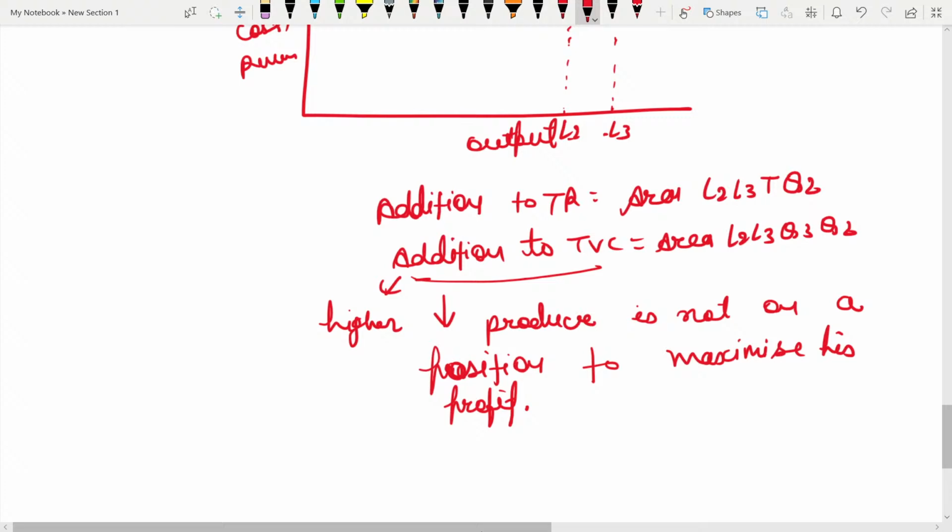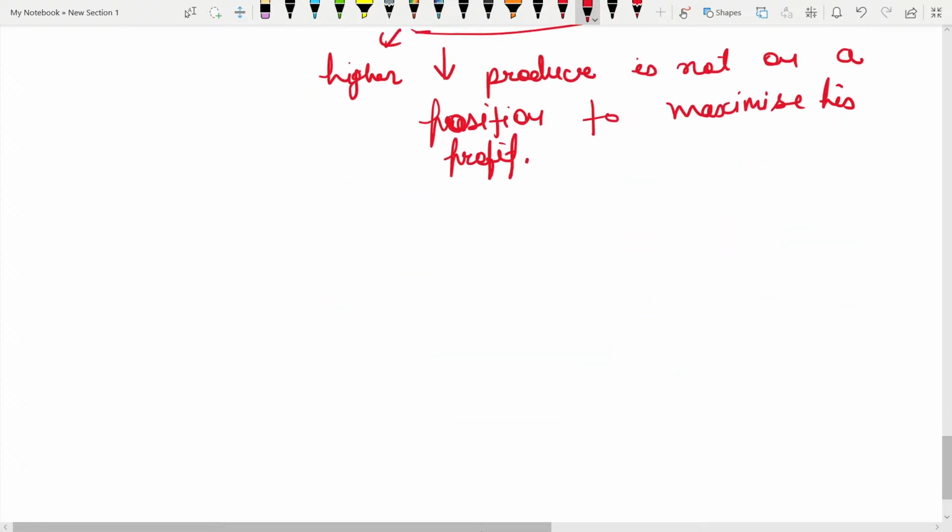Now the second case: what would happen if the producer wants to strike his equilibrium within point L2, or within the original equilibrium.